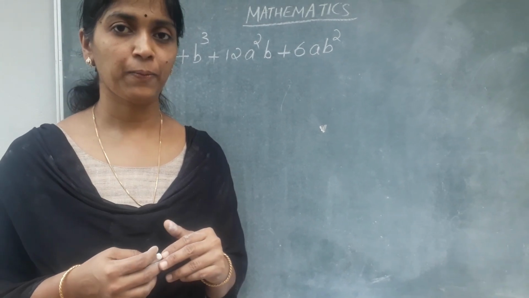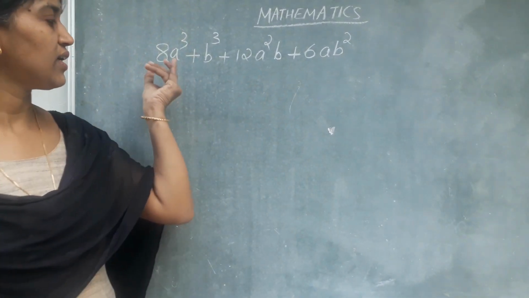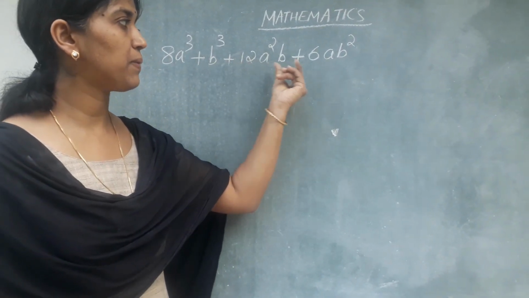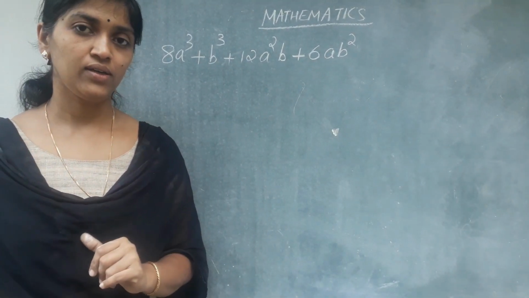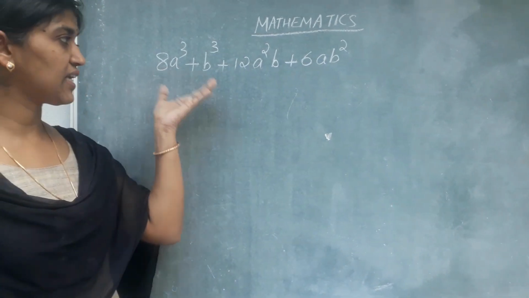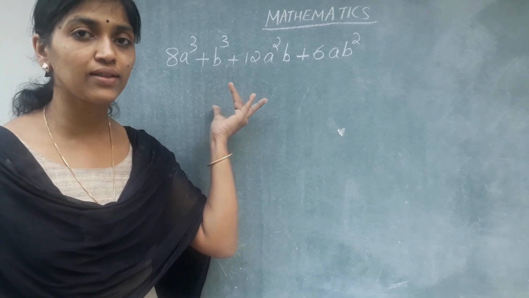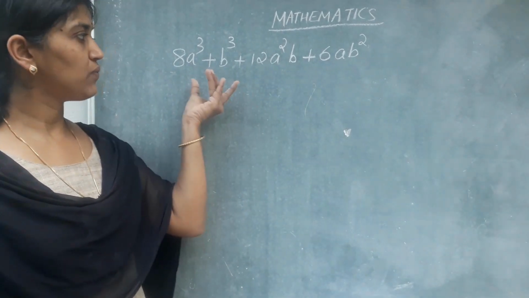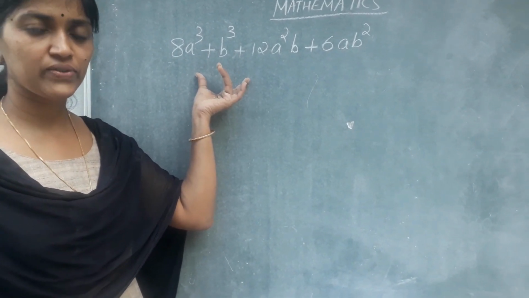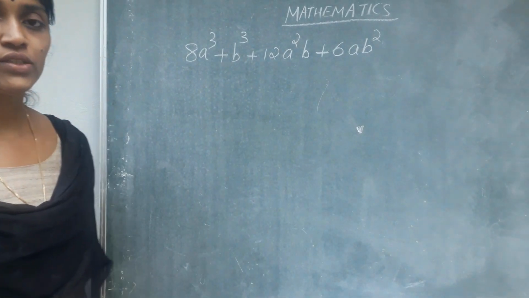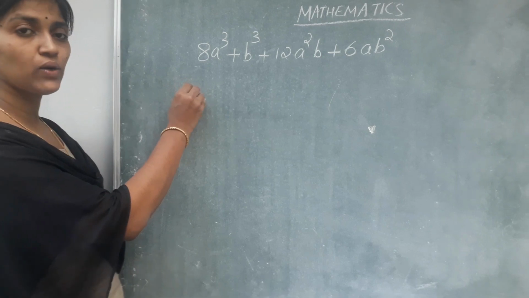So here a question is given, 8a cube plus b cube plus 12a square b plus 6ab square. There we can see itself, you can understand, if you are asked to factorize it, you have to factorize it using the identity. So which identity will we use here? It is x plus y whole cube.